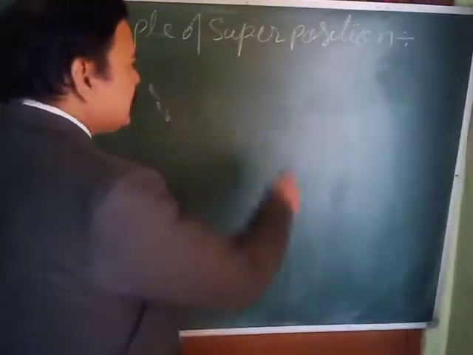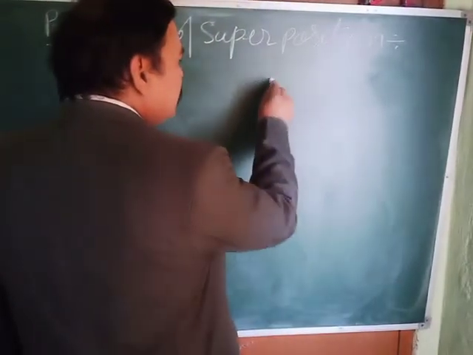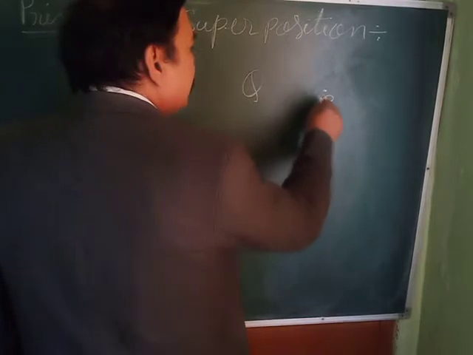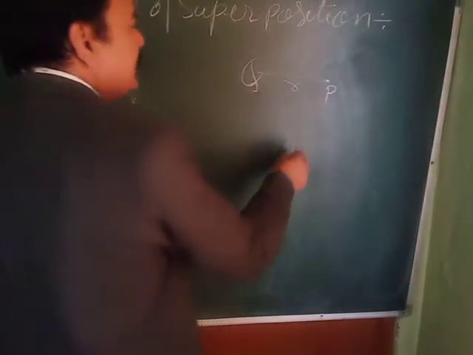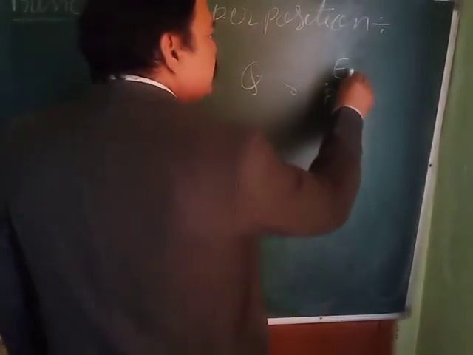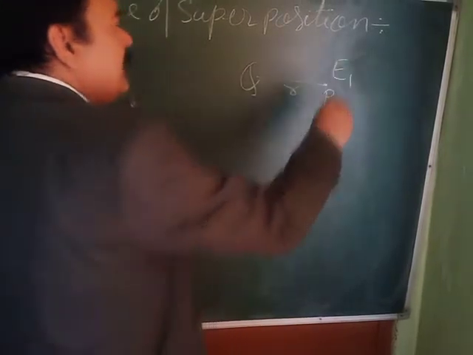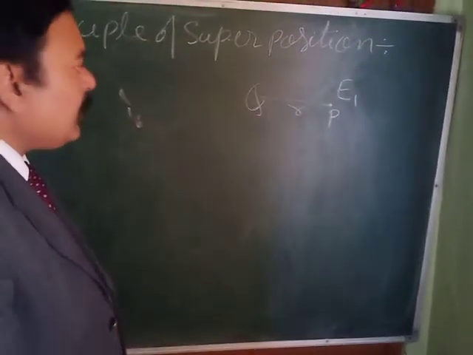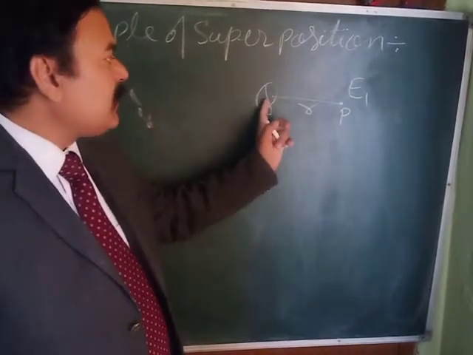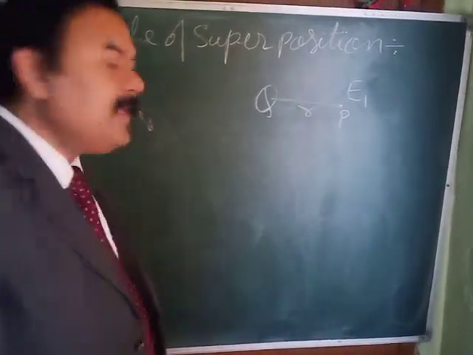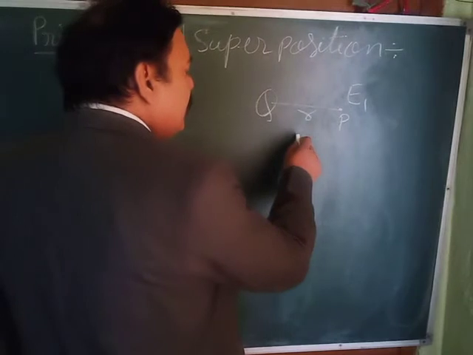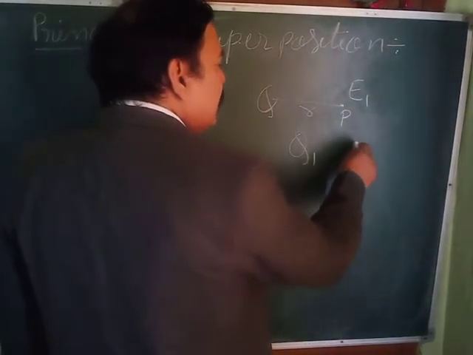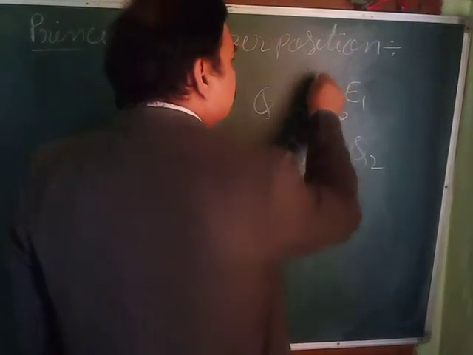That means, suppose here you have got charge Q, and due to this charge Q at this point P, which is at distance R, the electric field intensity is suppose E1. No other charge is there, so its electric field intensity at this point is E1. Now later on you brought other charges, suppose Q1, Q2 and Q3.